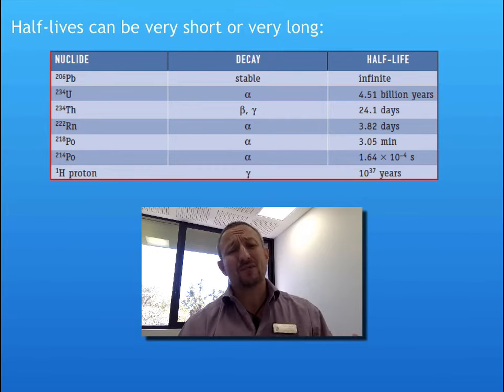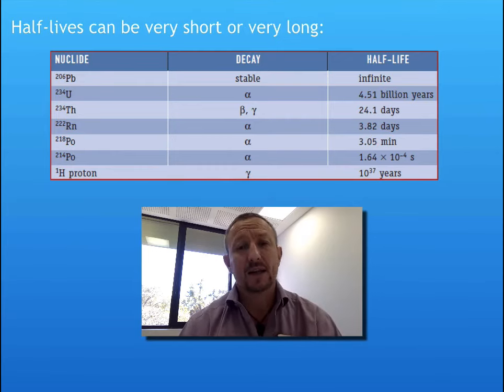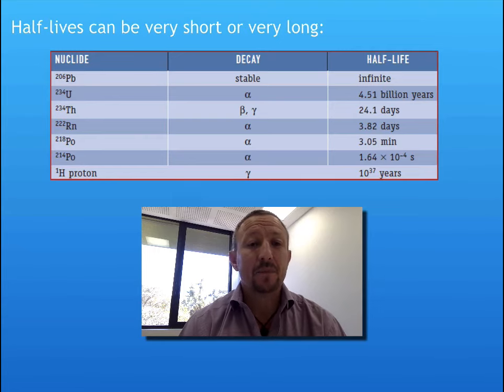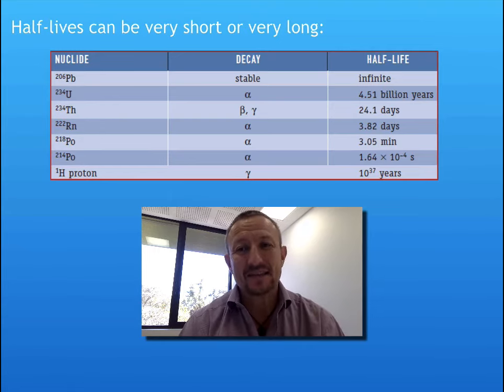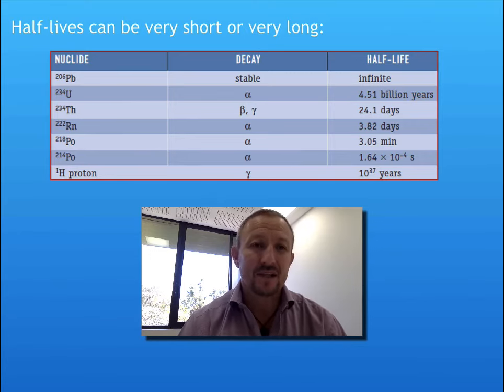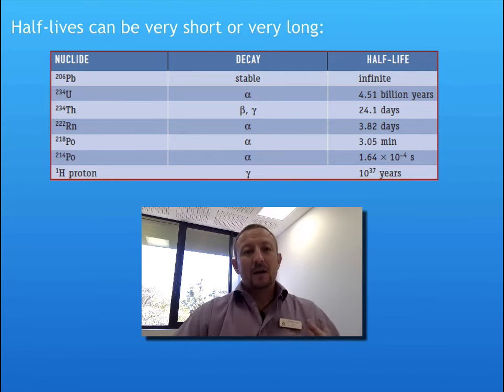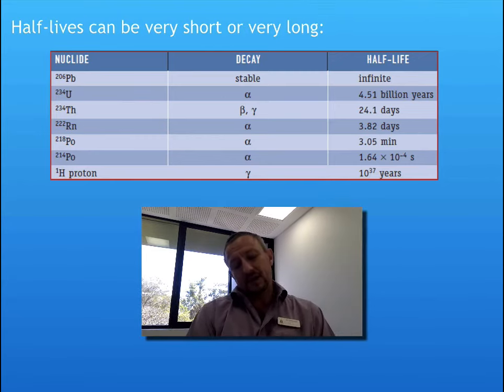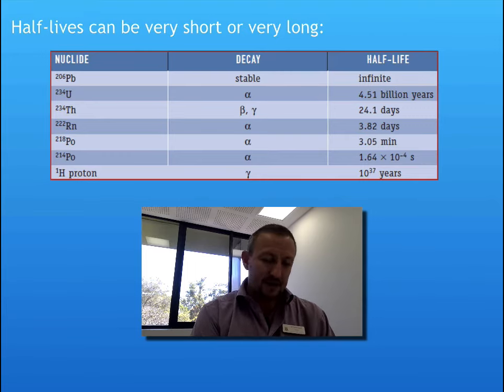So it breaks down rapidly, really, really quickly. And finally, we've got a proton there, takes 10 to the 37 years in order to break down. It's a phenomenal amount of time. Again, very, very stable.